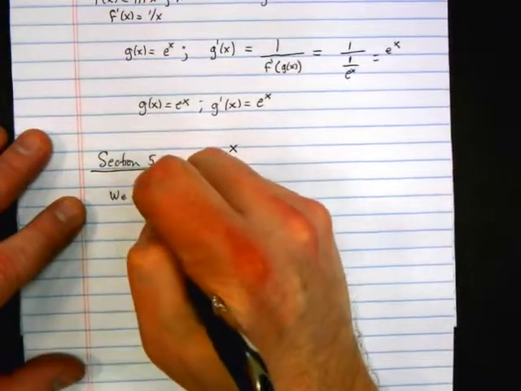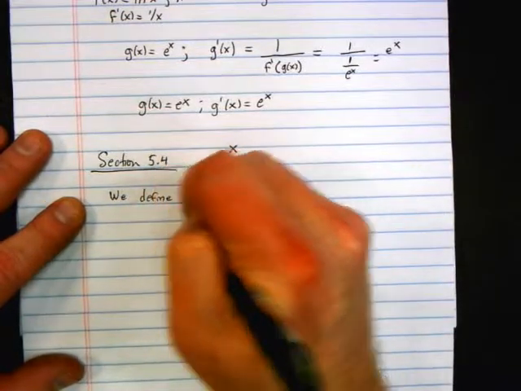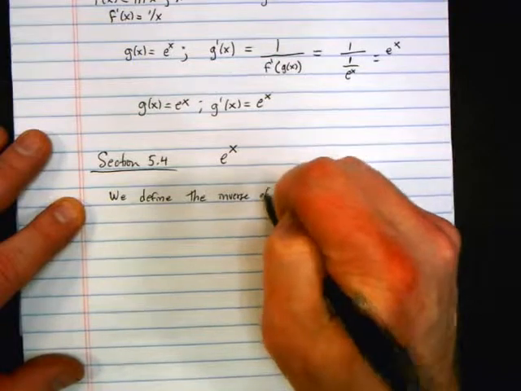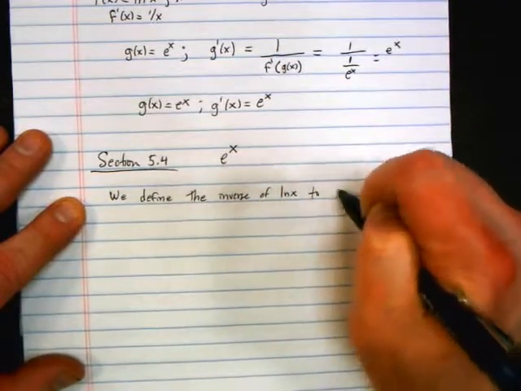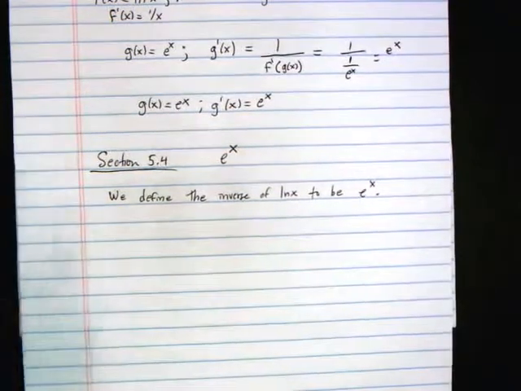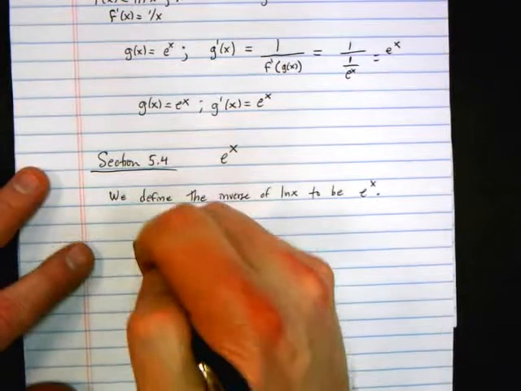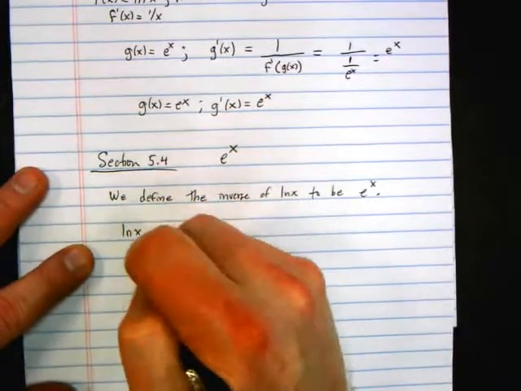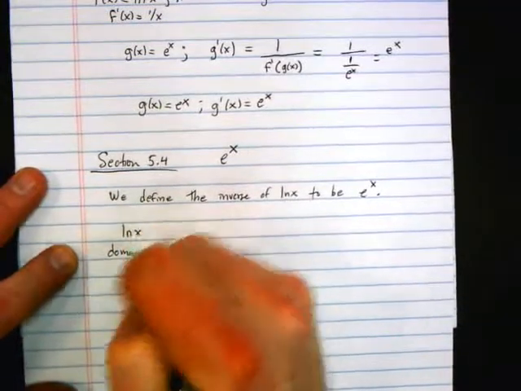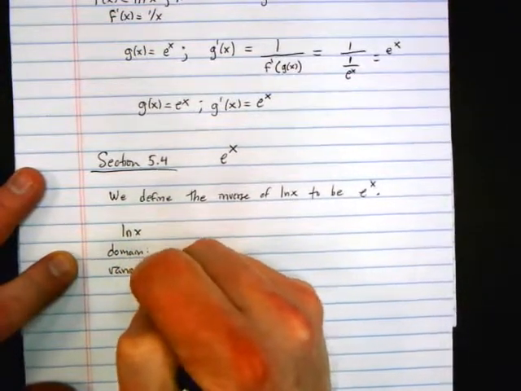We define the inverse of ln x to be e to the x.